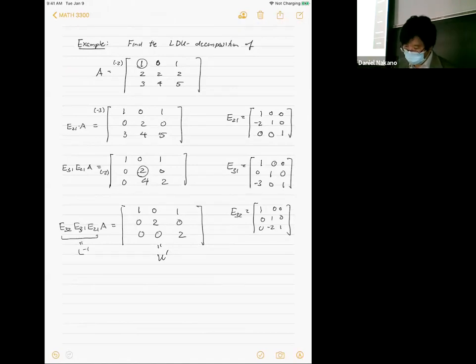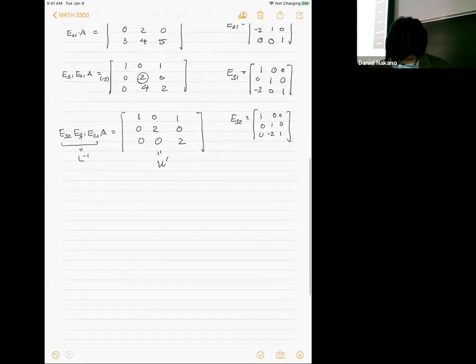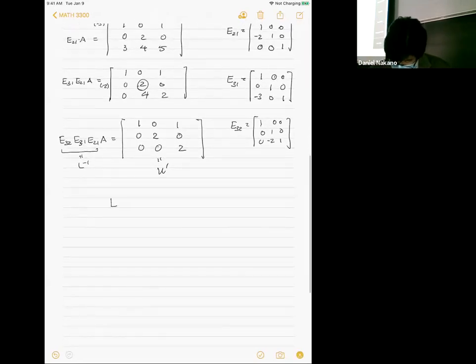So how do we find L? Lower triangular, what do we do? You put all the multipliers, whenever we have the positions 3, 1, 2, 1, 3, 2, you put them into a matrix in their respective spots.